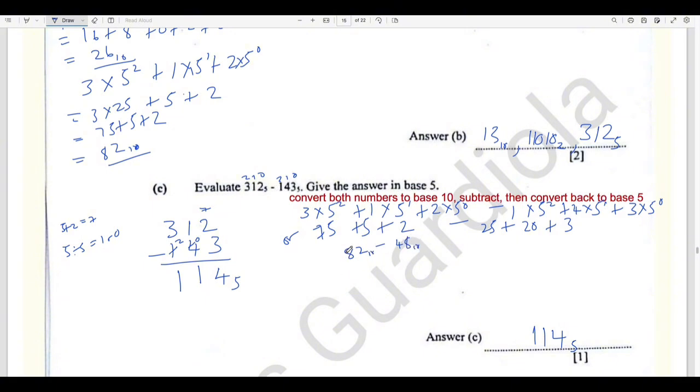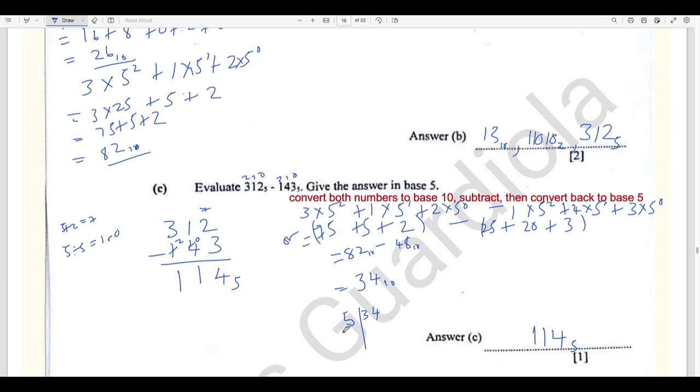82 minus 48, both in base 10. So 82 minus 48, that's a simple operation. 12 minus 8 is going to give you a 4. And then 7 minus 4, that's going to give you a 3. And then after this, you now need to convert back to base 5 by dividing 34 base 10 by 5.